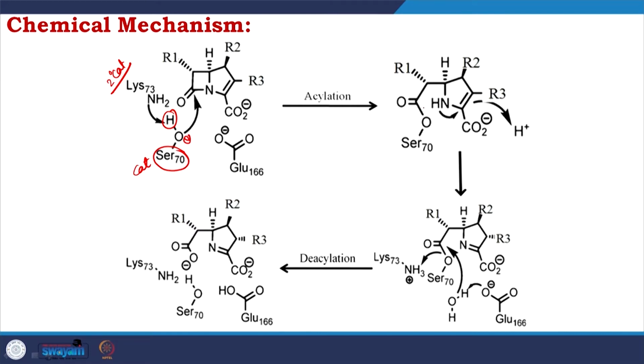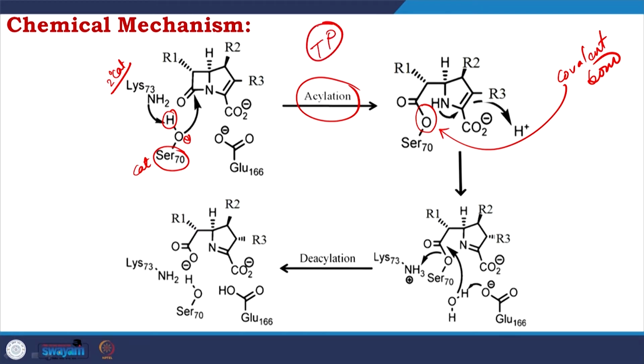This makes the formation of a covalent bond, and this type of reaction is called acylation. If you remember, I talked about transpeptidase. Transpeptidase used to go through this step, and because of this covalent bond they are arrested.